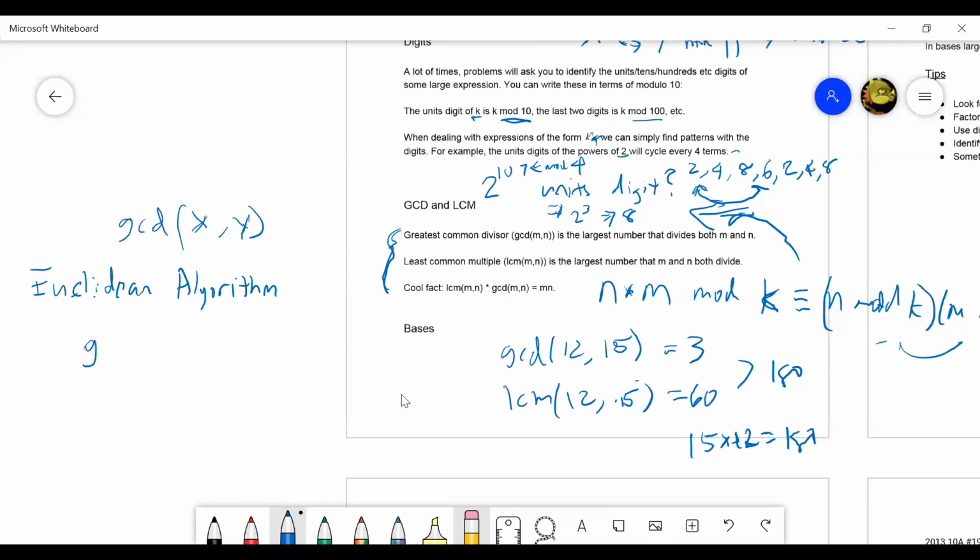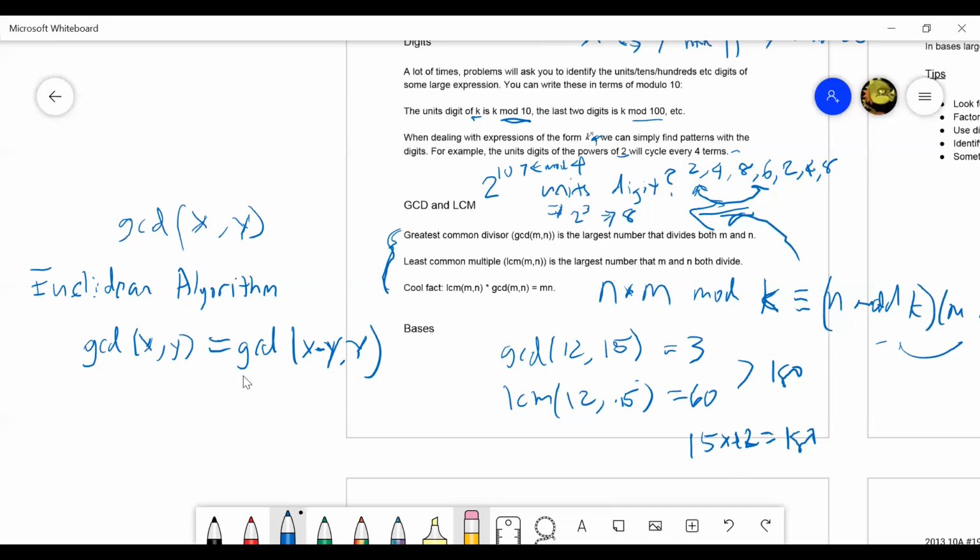it says that the greatest common divisor of x and y is equal to the greatest common divisor of x minus y and y. The idea comes from this: if the greatest common divisor divides both x and y, then it has to divide their difference as well.